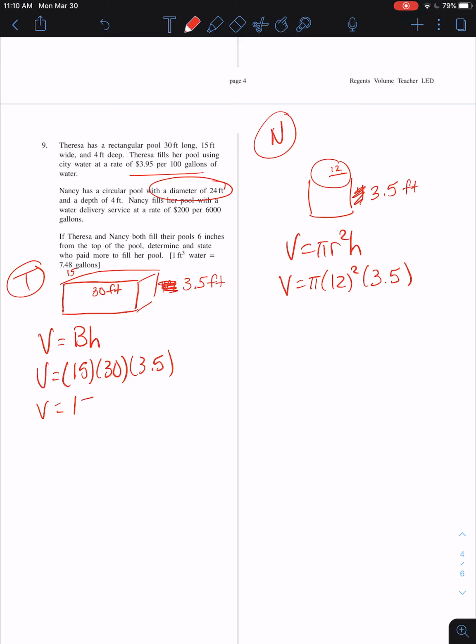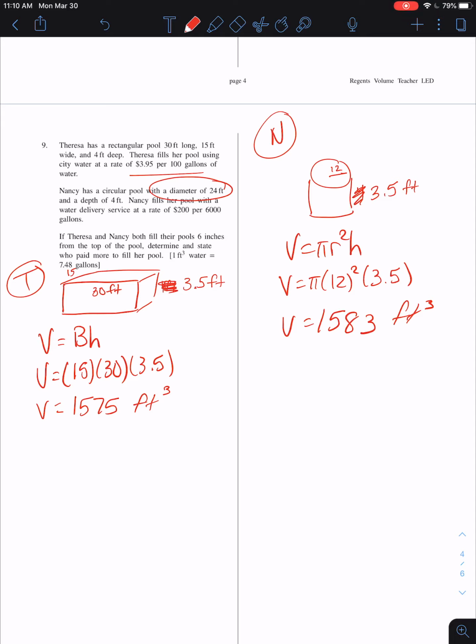So we've got 1575 cubic feet, and here we've got 1,583 cubic feet, and I'm rounding that there.